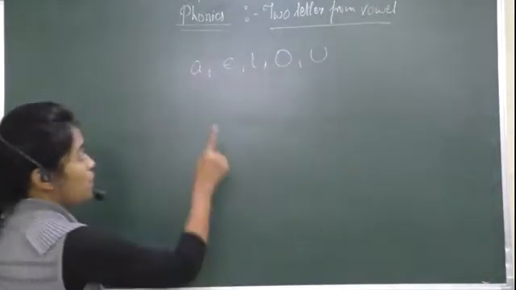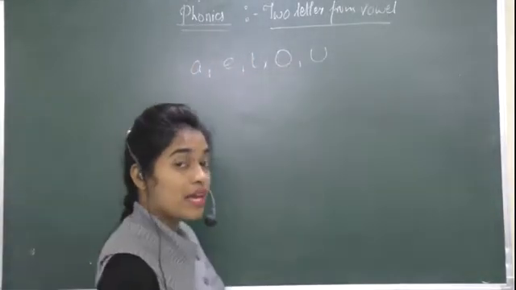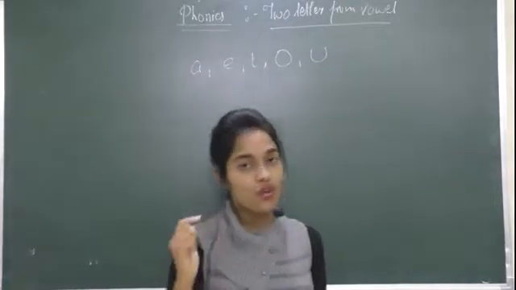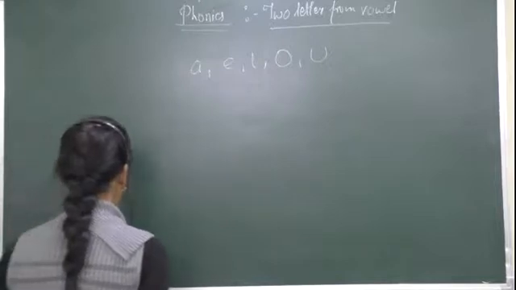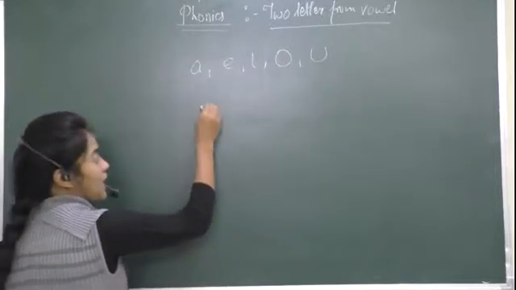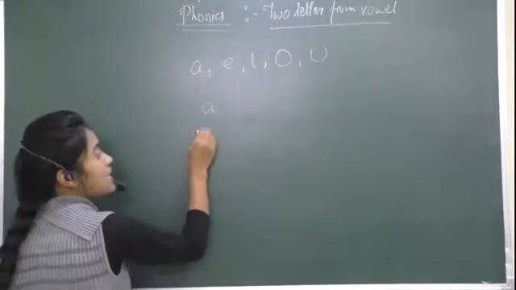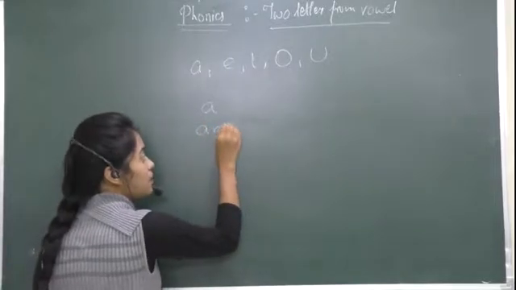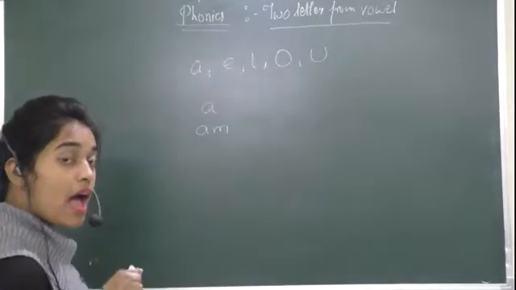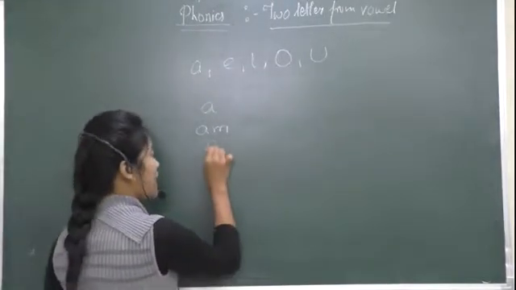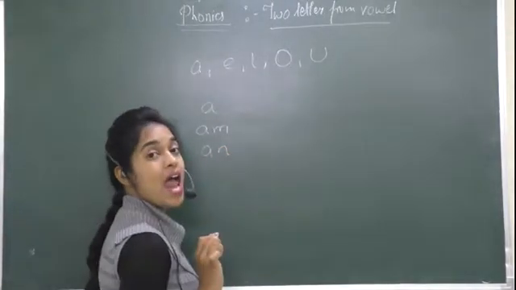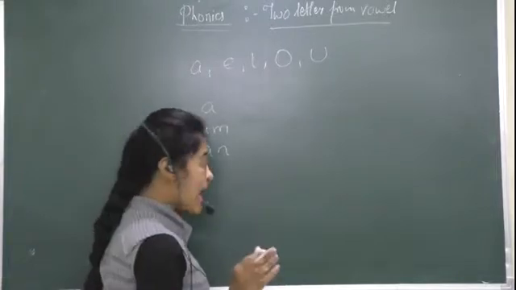So the first vowel is A. We will make two-letter words from the vowel A. The first word I can make is A-M, am. A-N, an.